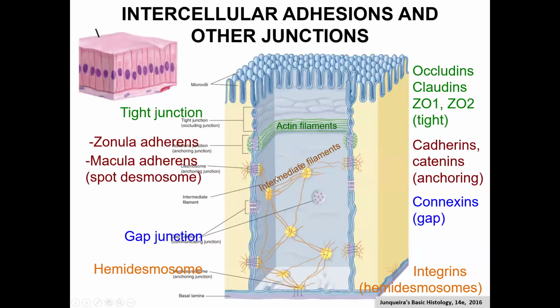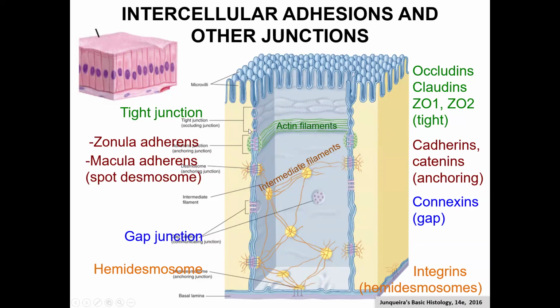They also attach the cells strongly to each other, but there is still a separation between the plasma membranes of these cells. The belt desmosomes attach to actin filaments, the spot desmosomes attach to intermediate filaments. And they all contain the cadherins and the catenins as major protein components that maintain the interaction between the cells.